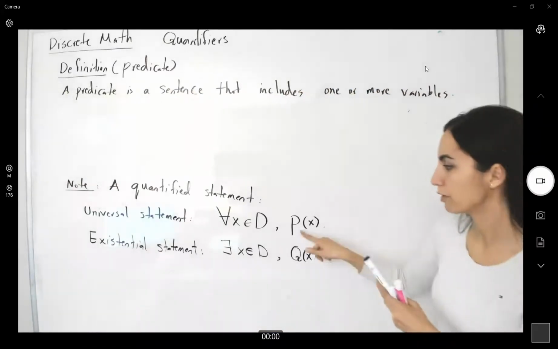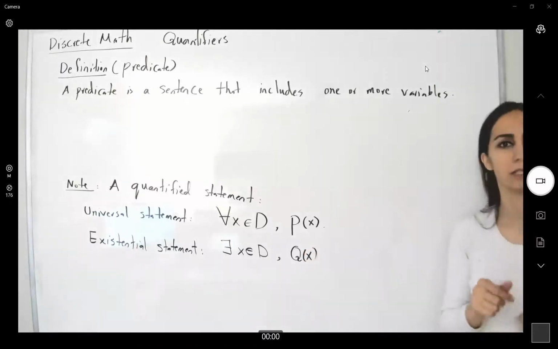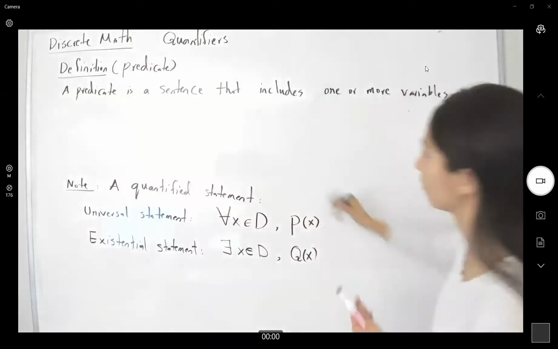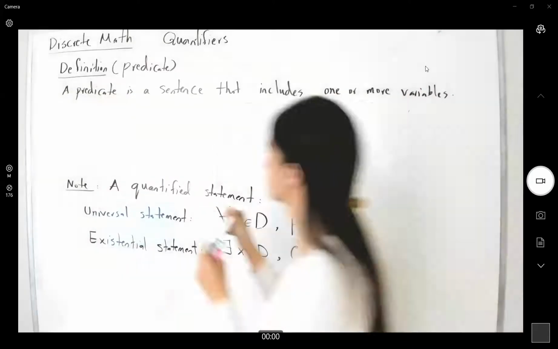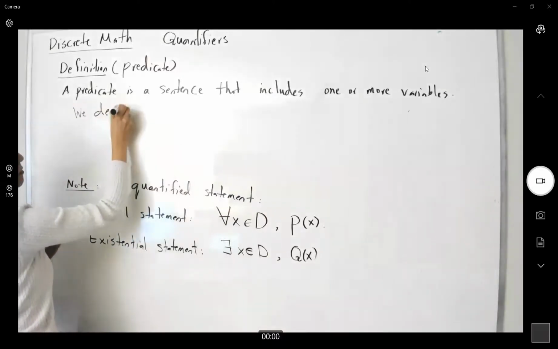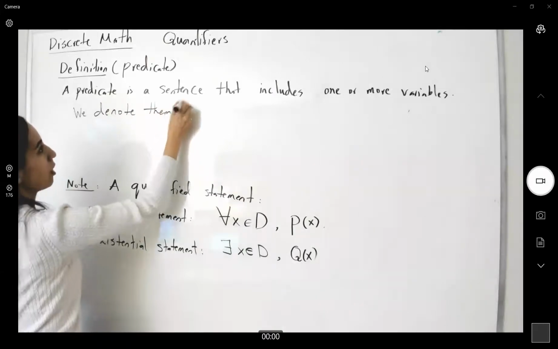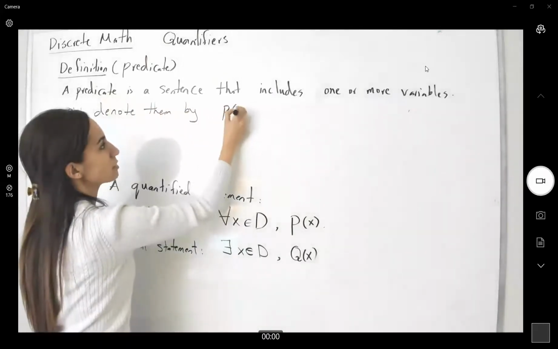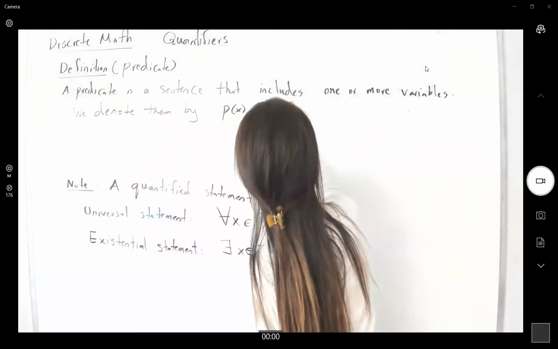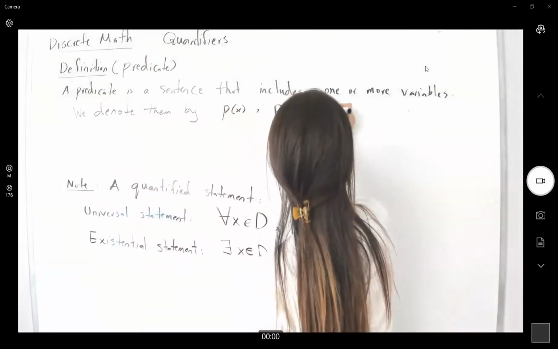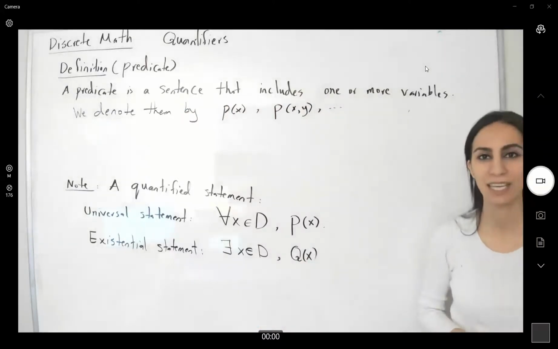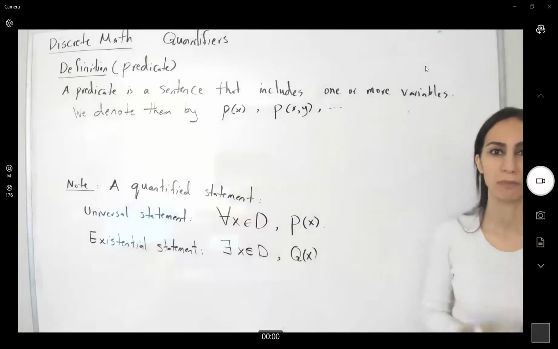So each one of these is called a predicate, P of x and Q of x. We denote them by P of x. You might have more variables, P of x and y, and so on. Depending on your statement, depending on your sentence, you add more variables.